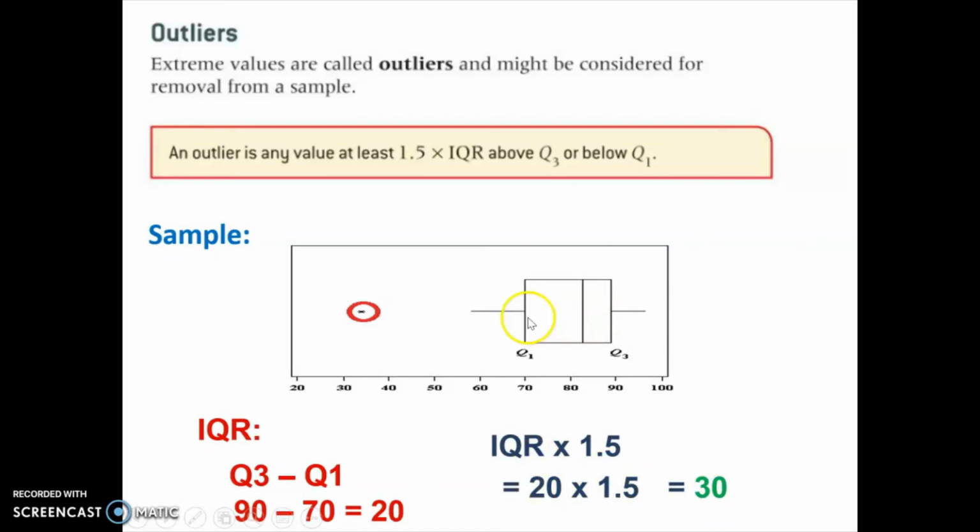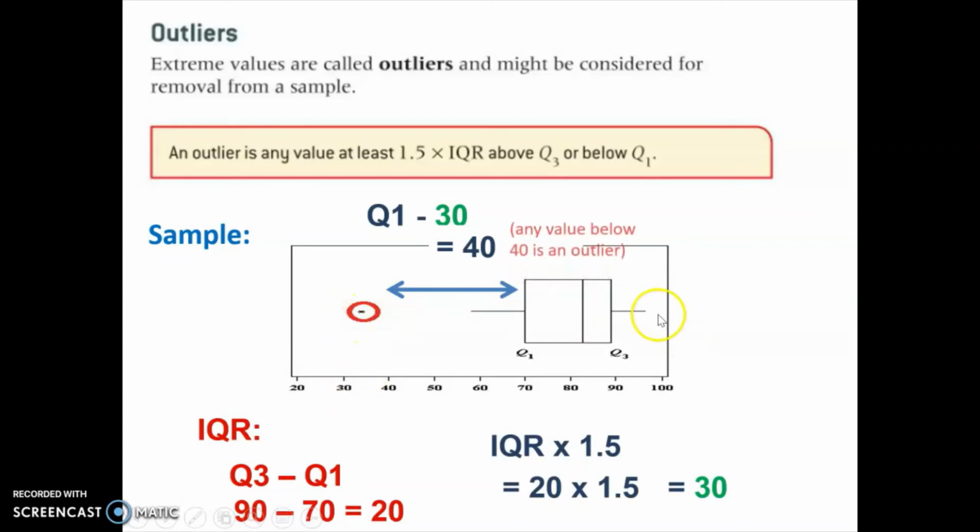So that tells me if I go 30 below Q1 and 30 above Q3, anything beyond those is an outlier in the data. So Q1 minus 30, 70 minus 30, I get to 40. That means anything below 40 is an outlier, and this one is definitely below 40.